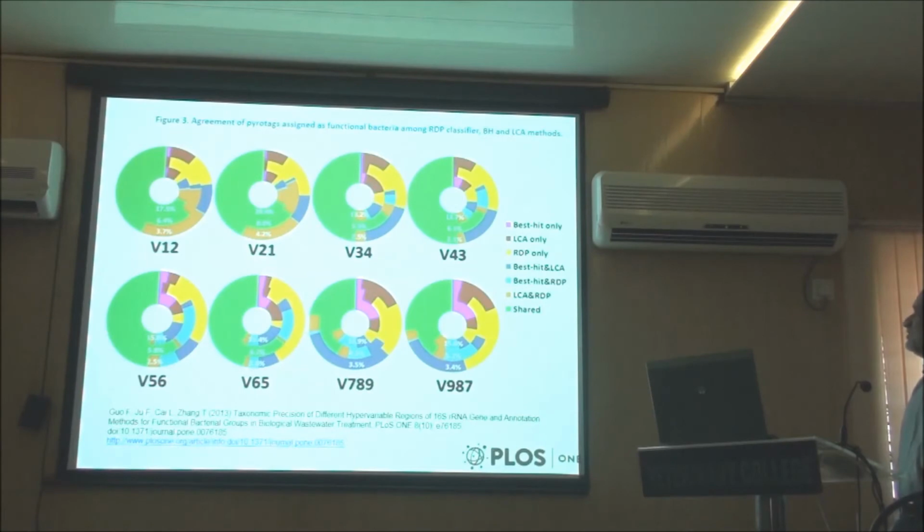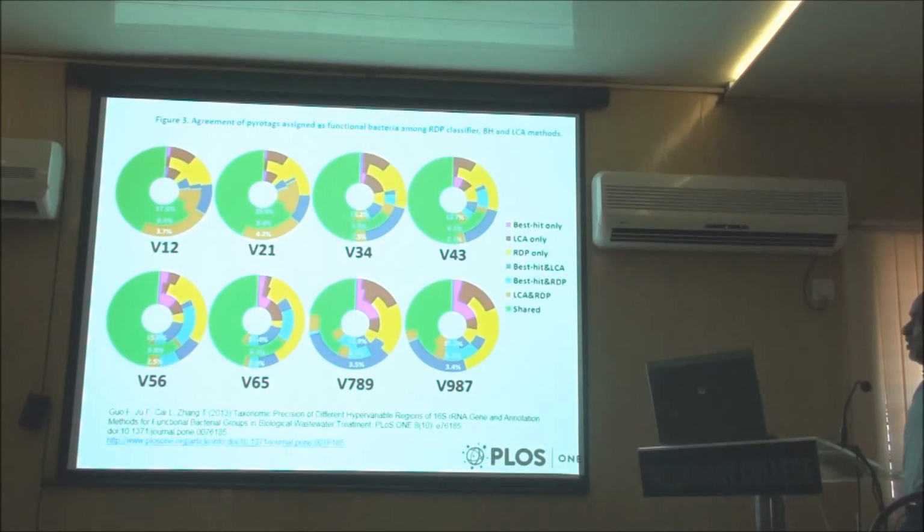And again they had used three methods for taxonomy affiliation, and they found that under the three different groups and three methods, the correlation is different. In the case of pathogens, green is the good correlation shared by all three methods. Pink is best hit only, brown is LCA only.